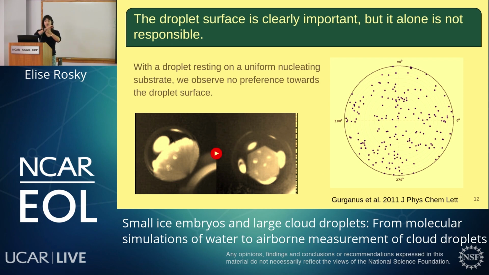So the droplet is resting on an ice nucleating surface, but the substrate didn't have a higher nucleation rate at the surface of the droplet like we expected. This plot shows all the freezing locations, and there was no preference for the surface. So the surface has some role to play, but it's not the only factor here.